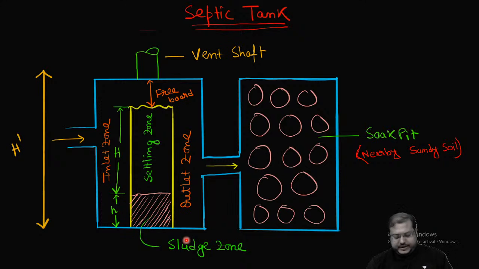Also, carbon dioxide will get evolved. So, to release those gases, a gas releasing pipeline, which is called as vent shaft, is used.